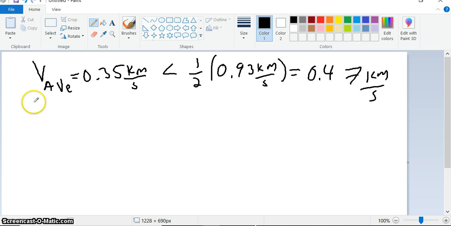So it turns out that this number, the average velocity due to temperature, remember the temperature is very low, 10 Kelvin, is indeed less than 0.47 kilometers per second. So the answer is yes, it will collapse. But barely, right? Because it's just barely below, 0.47 and 0.35.